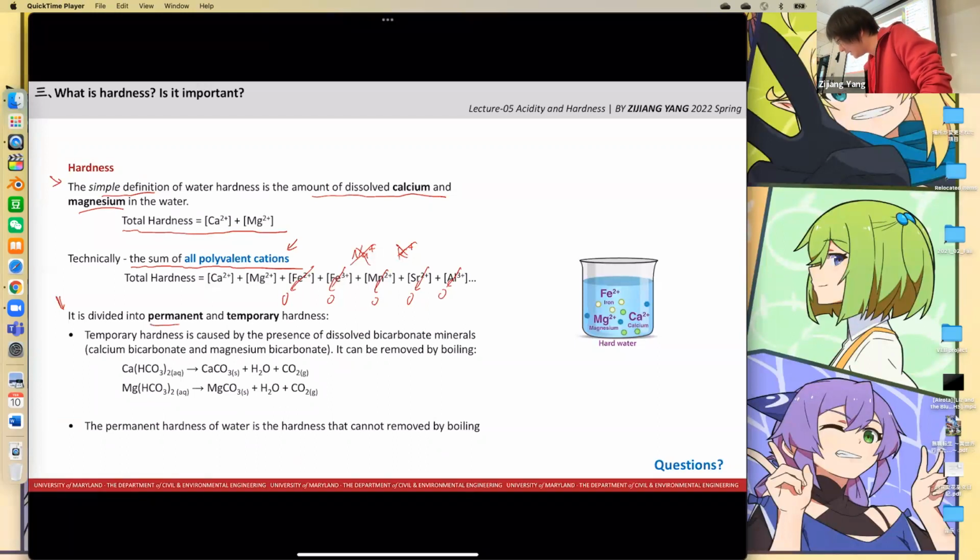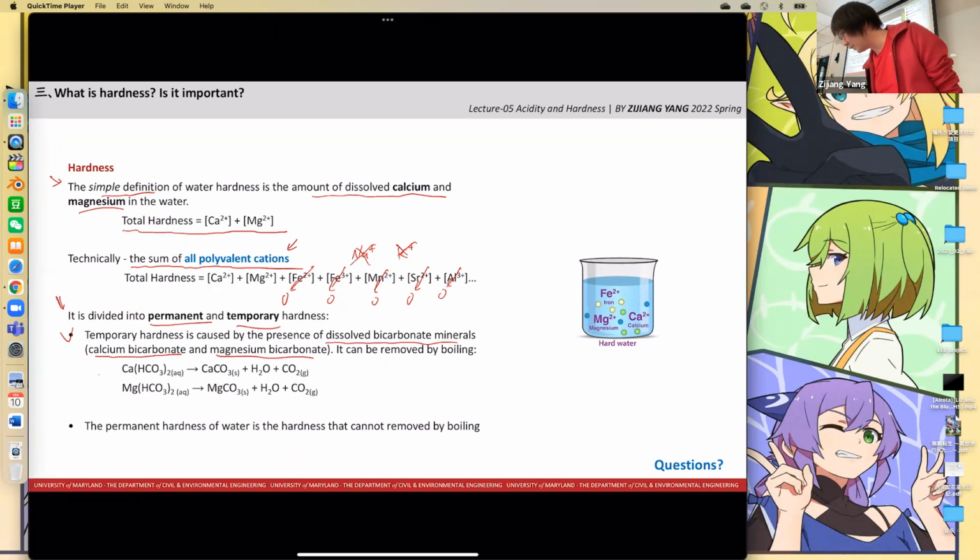The first part is permanent hardness. The next one is temporary hardness. The difference is that temporary hardness is caused by the presence of dissolved bicarbonate minerals, especially calcium bicarbonate or magnesium bicarbonate, and they can be removed by boiling.